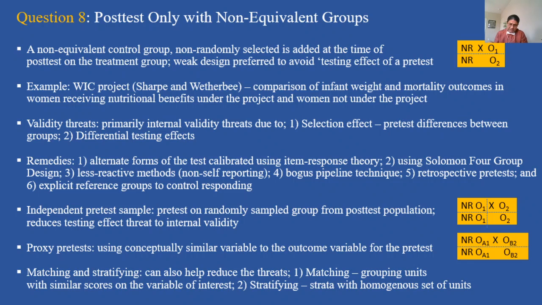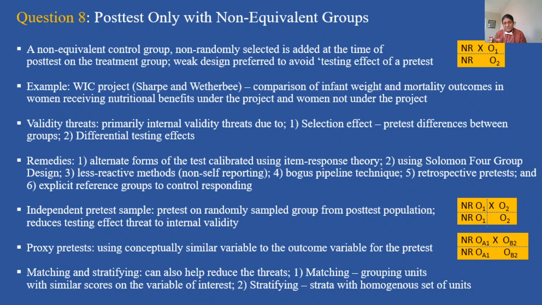Next, using proxy pretest that we talked about briefly in terms of reducing the threat. So how do they reduce the validity threats? Using proxy pretest method is another way to counter the threat to post-test only design with non-equivalent groups.